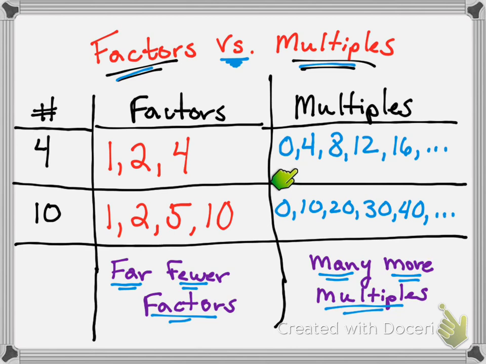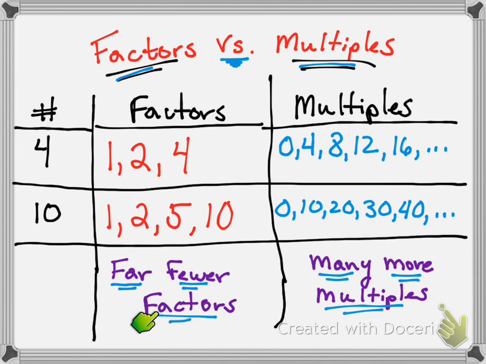So if I ask you, what's the third multiple of 4? That would be 12, 4 times 3. The fourth multiple of 4 would be 16, 4 times 4. And if we come over here and look at 10, these are the factors that 10 has. And now the multiples of 10: 10, 20, 30, 40, and the dots mean it keeps going on.